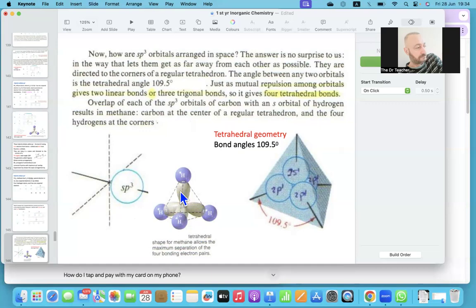It's carbon with a hydrogen to the top, and these are the base: carbon-hydrogen, carbon-hydrogen, carbon-hydrogen. So the angle between hydrogen, carbon, hydrogen will be 109.5 degrees.